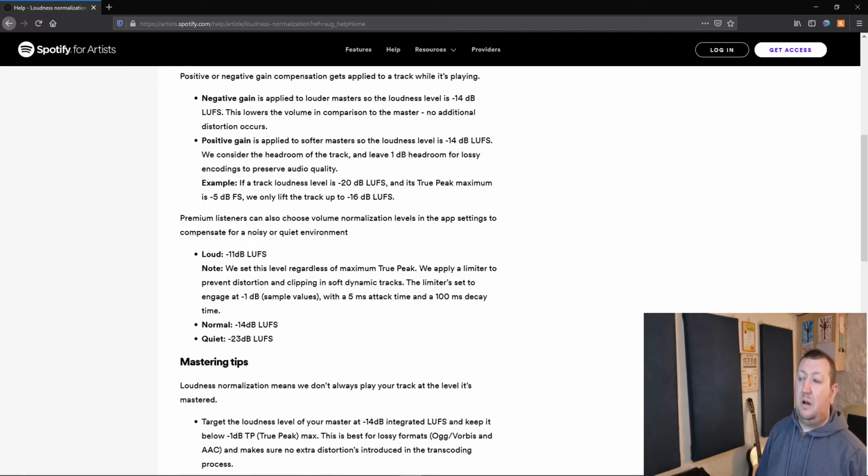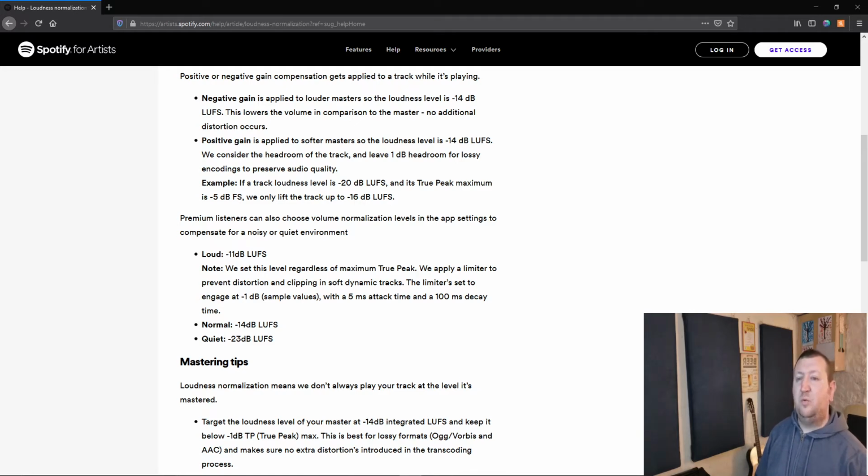So my counter query would be, as a mastering engineer, why would I target -14? Would it not be more sensible to target -11? If I want to master a track to achieve a great listening experience for the end user, why would I use -14 as the target level if I know that if someone wants to listen to it loud, the master may sound more compressed than what I'd intended?